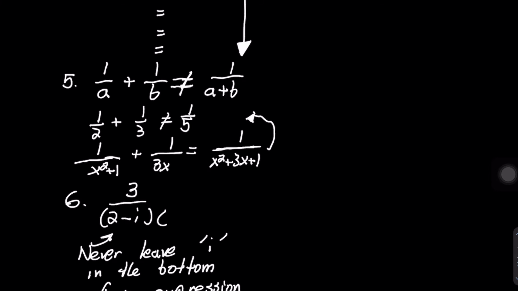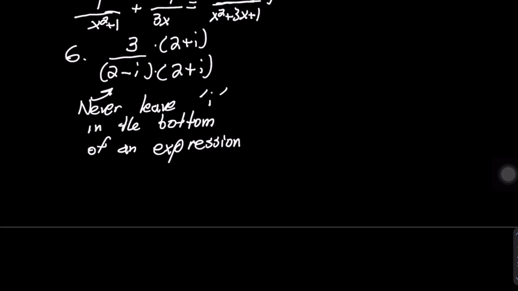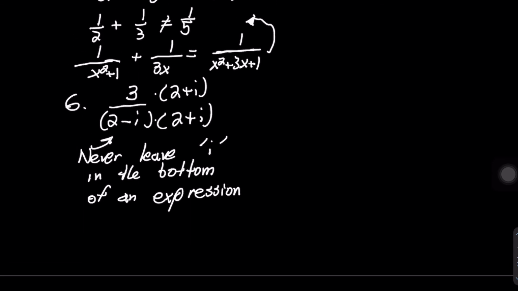Always multiply by the complex conjugate, which is just the minus of the term with i. And that will help. You never just want to leave the i in the bottom. So that's a good way to avoid it, is just multiplying by the complex conjugate.